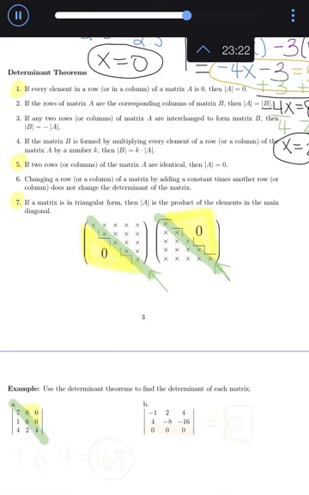So the determinant of this matrix will just end up being 7 times 6 times 4. So this gives us a total of 168 for our determinant of this matrix.